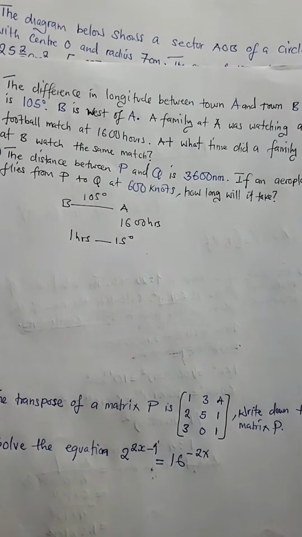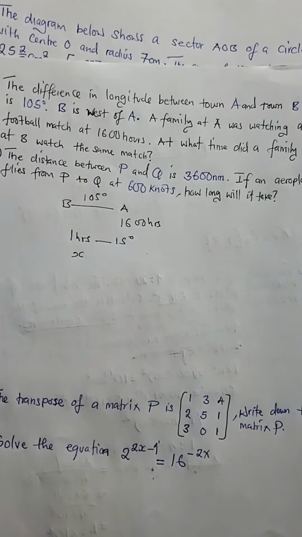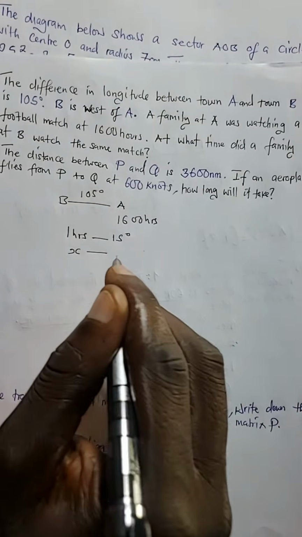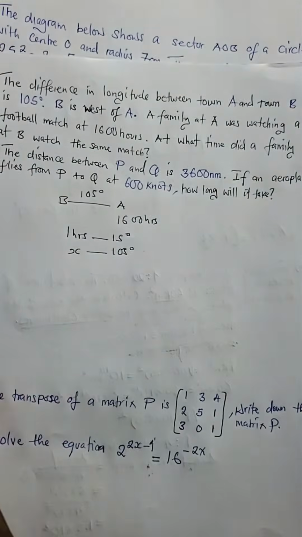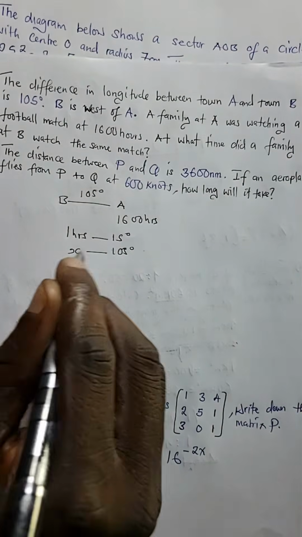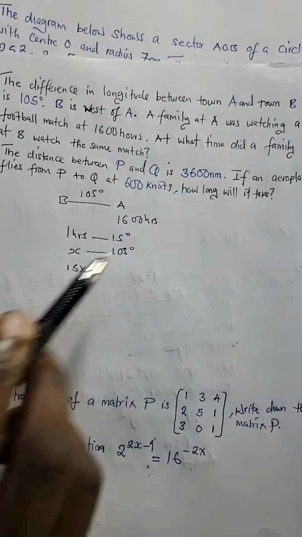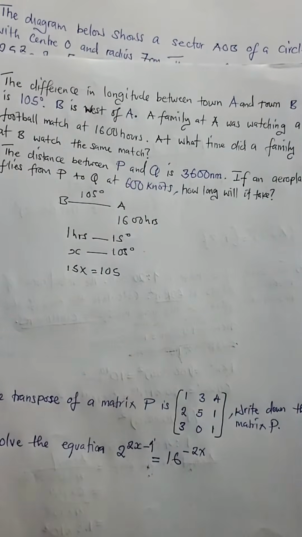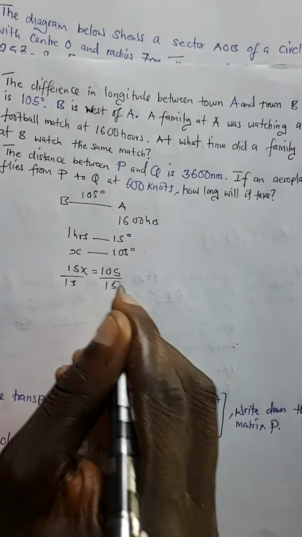And how many hours is what we want to calculate, x, for 105 degrees. Then we cross multiply: 15x is equal to 1 times 105. Then we divide by 15 on both sides, so x is equal to 105 divided by 15.